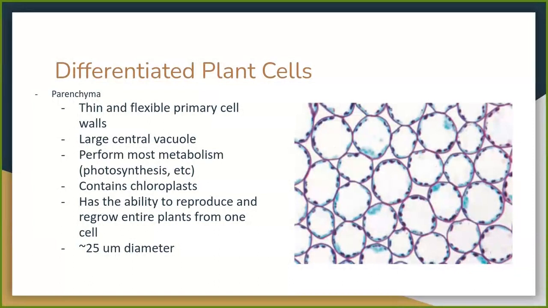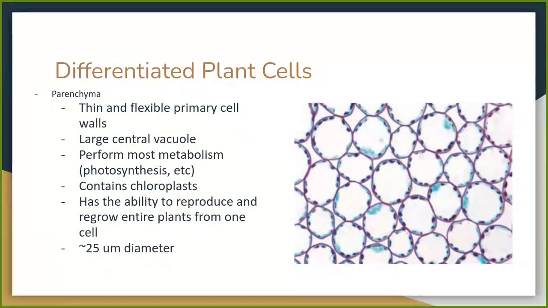Parenchymal cells also exist within stems and roots, and they're colorless. If you think about potatoes, the sugar storage within potatoes, starch, those are parenchymal cells. And if you think about fruits, the fruity portion, the part known as the meat of the fruit, that's also parenchymal.